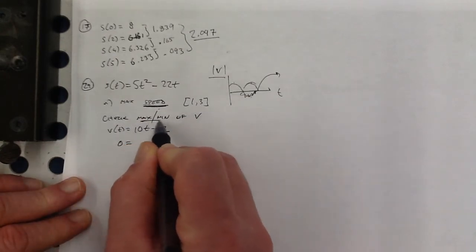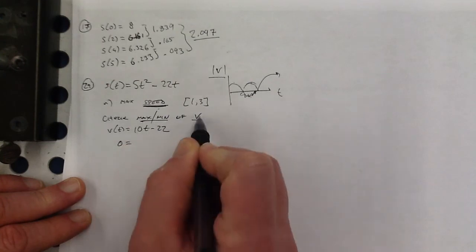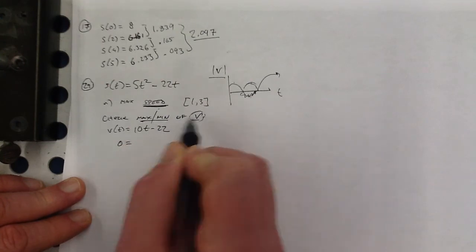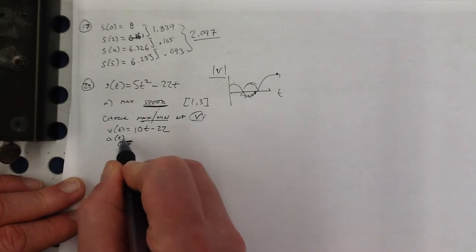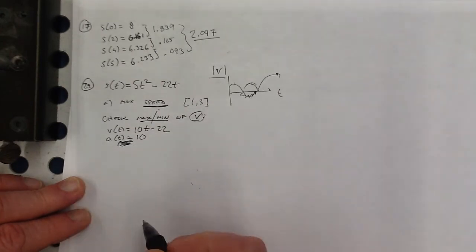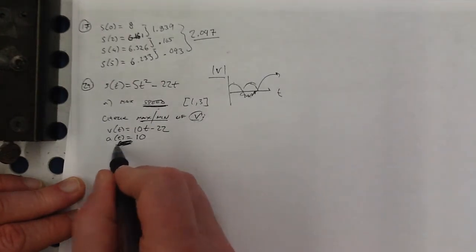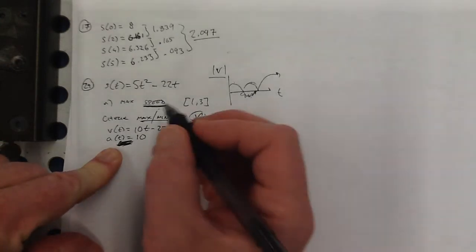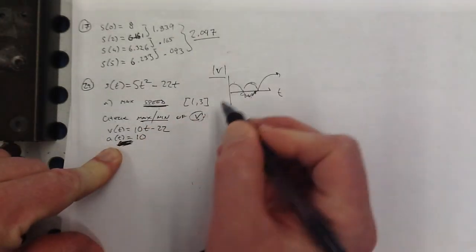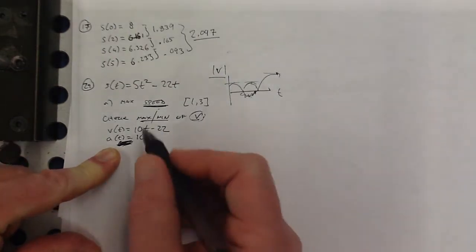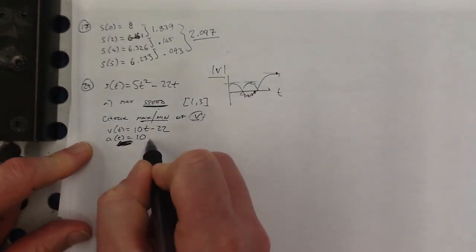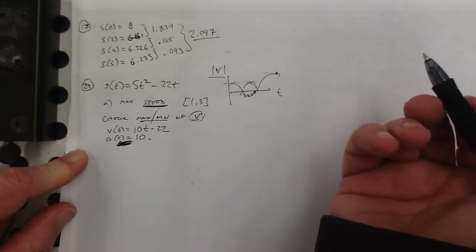If we want to check the max min of this, you need to find the derivative of this and set that equal to 0. If you're looking for the maximum minimum of the velocity, those are places where the acceleration is 0. And this acceleration is never 0, so where does that leave us?